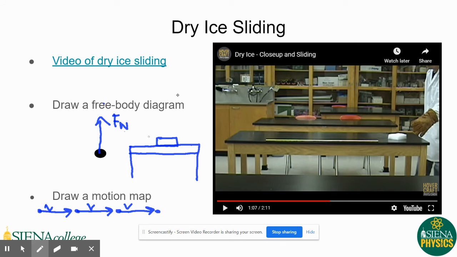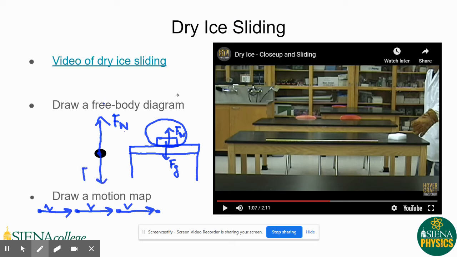And so if I draw my boundary, I'm going to have the force of the normal here on that surface. I'm going to have the force of gravity down. So that's Fg. This is the force of the normal from the table. And so I'll draw that here.